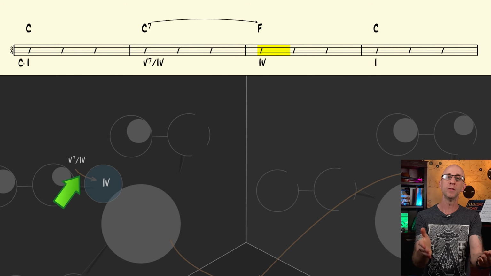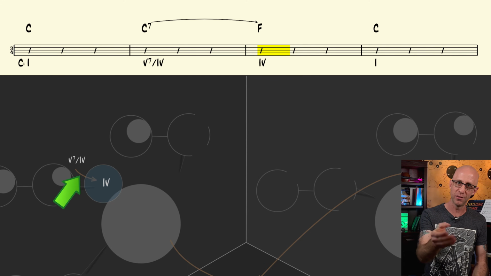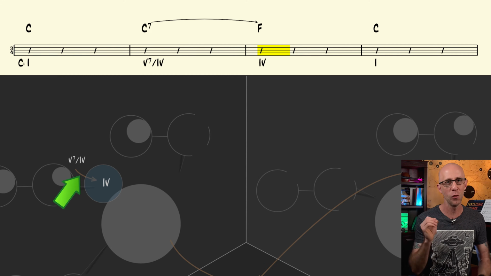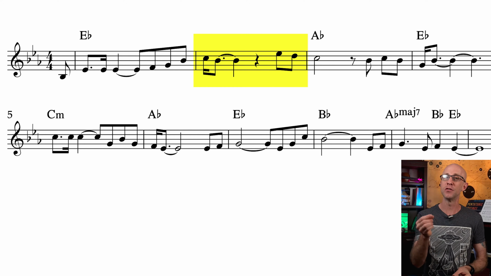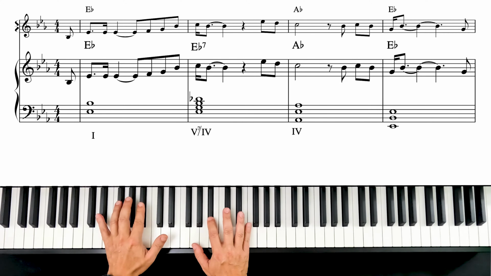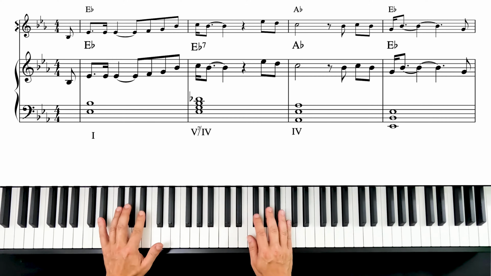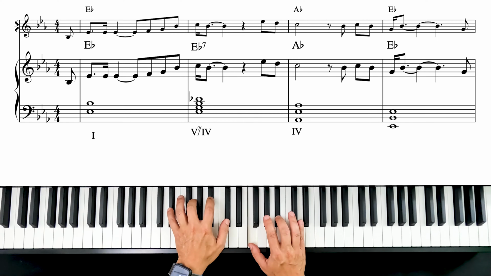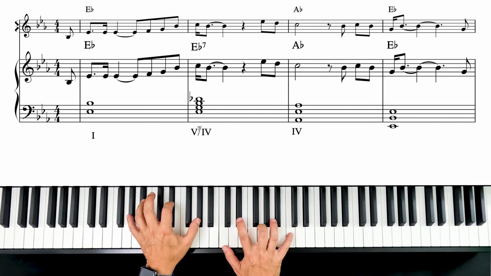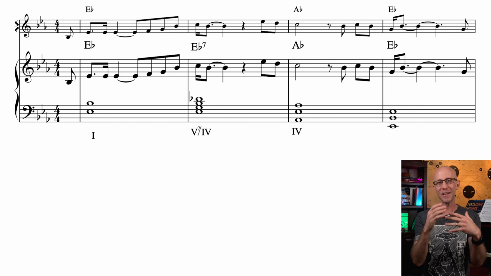That works beautifully because the 5 of 4, C7, tonicizes the 4 chord. But what happens if we try the same technique on measure 2 in Shenandoah? It doesn't work at all.